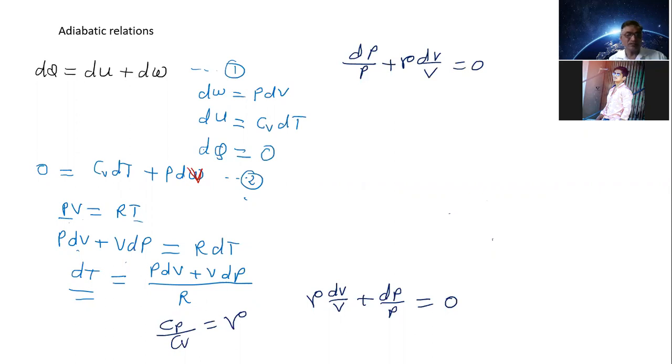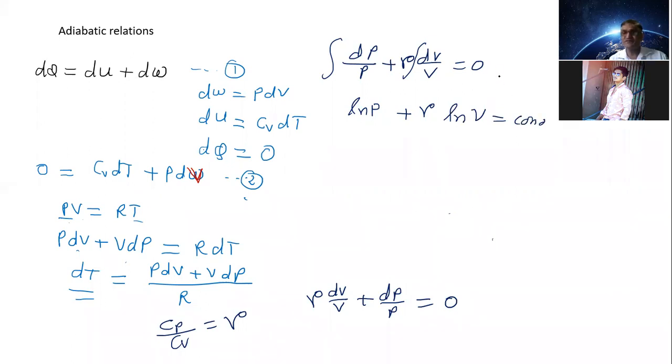After integrating, see what happens: integral of dP upon P, integral of gamma is constant, therefore integral of dV upon V. Integral of dP upon P is log of P plus gamma log of V is equal to constant.